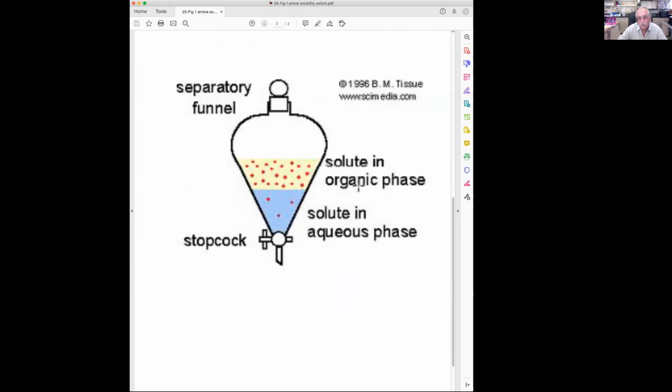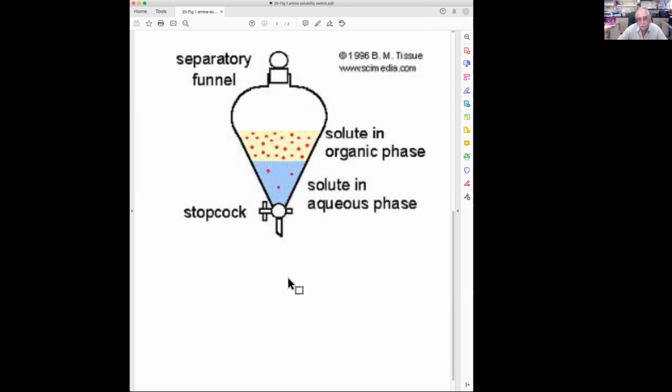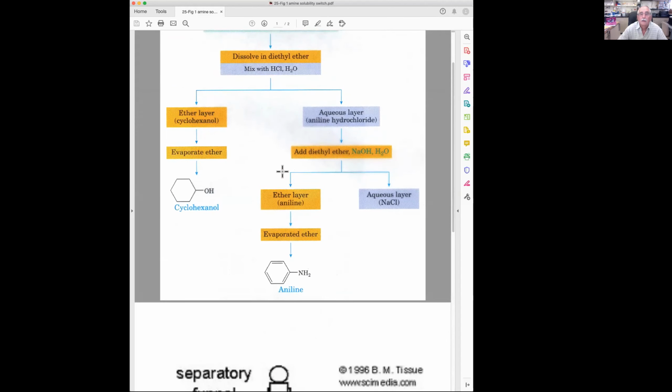So then we use a separatory funnel. Here would be the ether, here would be the aqueous phase. So now we have one molecule in here, and the amine is in here. And we can separate them out. So I do that separation, I get the aqueous layer, then I add some sodium hydroxide and some water to neutralize it.